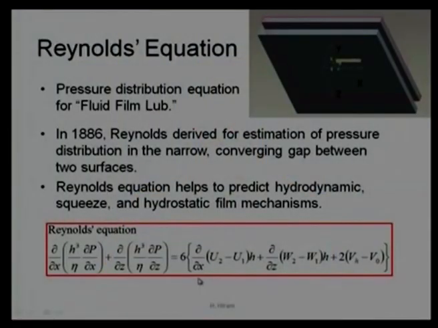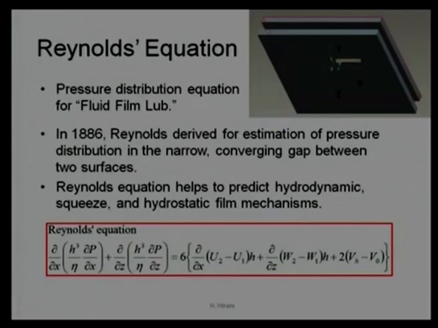So, people used to think about simplification of this equation, because this equation is a partial differential equation. So, there are a number of estimations available, rejecting one of these terms, not treating all terms together. As we neglect any term, the equation will simplify and solving it will be simpler, right.